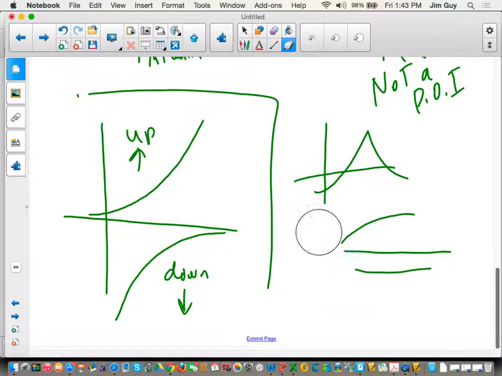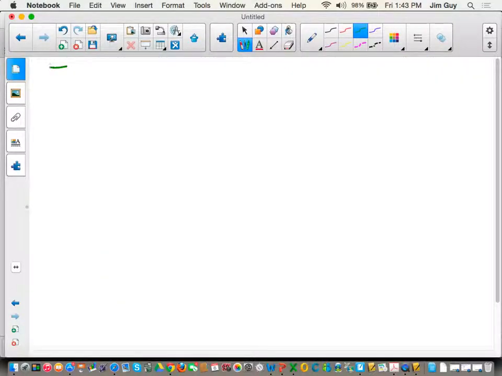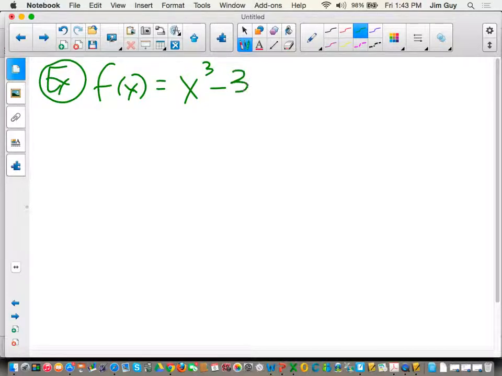Okay, let's go through an example with a second derivative test. So this is the exact same equation. We already found the first derivative, which is 3x squared minus 6x.